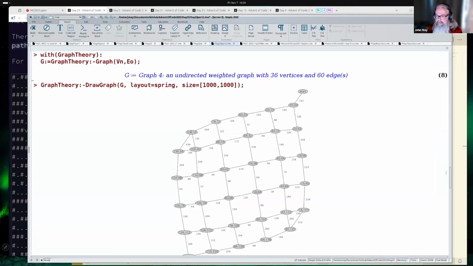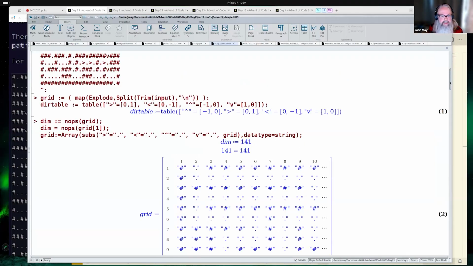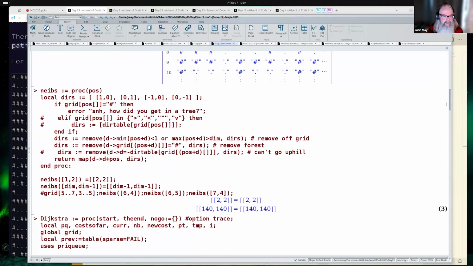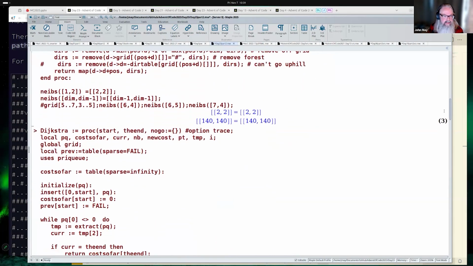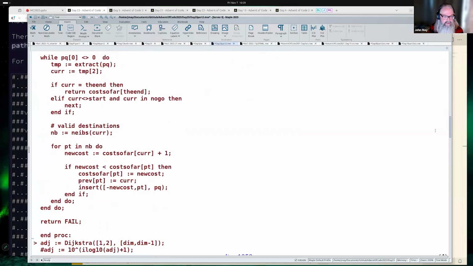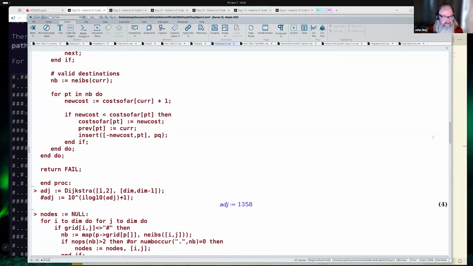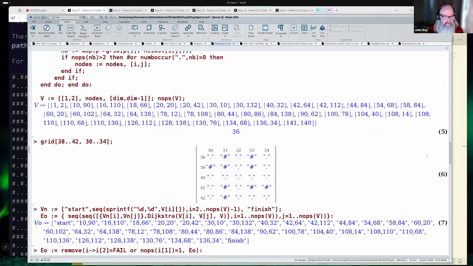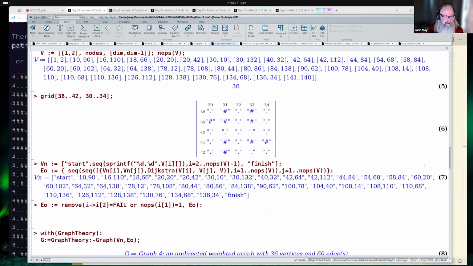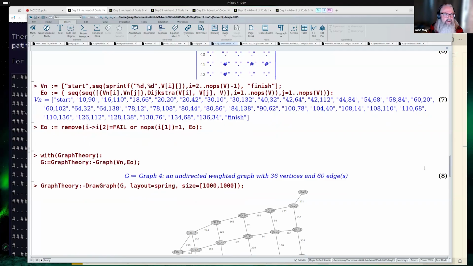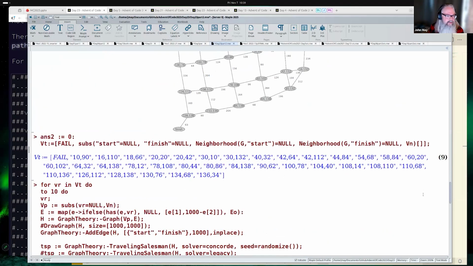Regardless, I did this in not a great way, but I did it with a custom Dijkstra algorithm that I wrote myself to compress. You don't really need Dijkstra. Maybe I have the wrong worksheet open for this one.